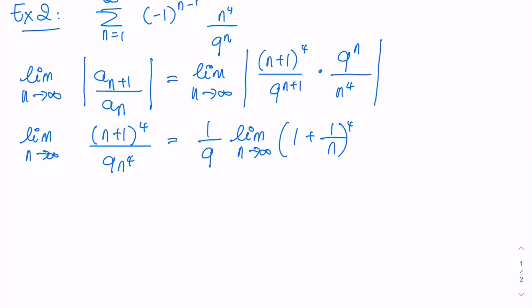You can see that that one is going to give you 1, and this one right here is going to give you 0, so we're left with 1. So it's going to be 1 over 9 times 1, which is 1/9, which is less than 1. So the series is absolutely convergent by the ratio test.